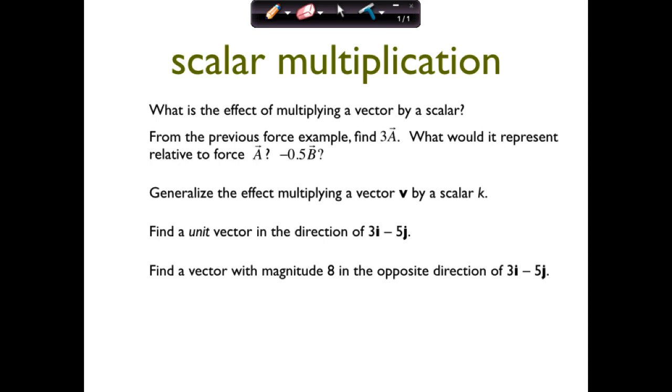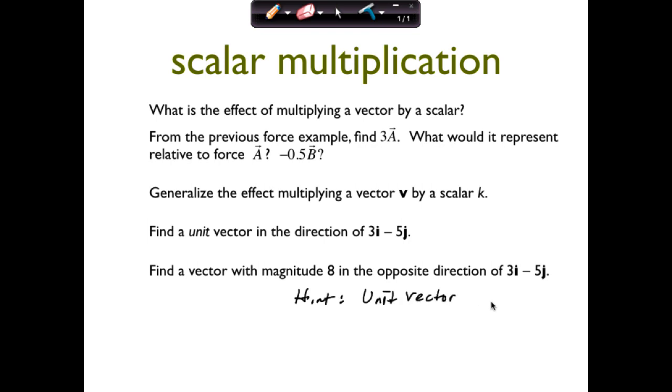So then what if we needed to find a vector with magnitude 8 in the opposite direction of 3i minus 5j? Just think about that. The hint is unit vector.